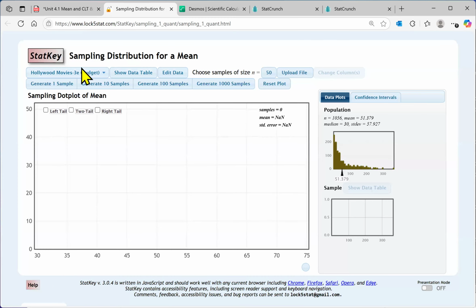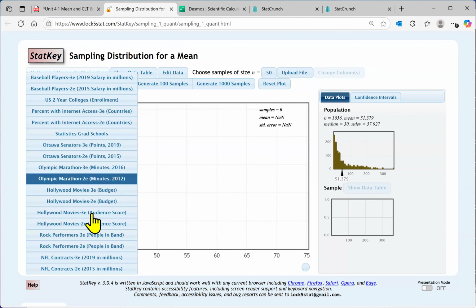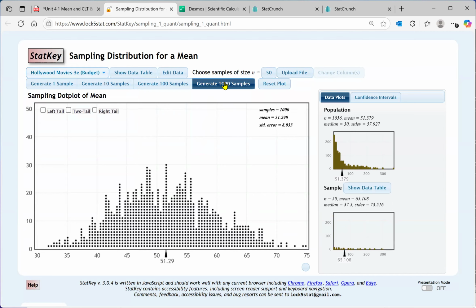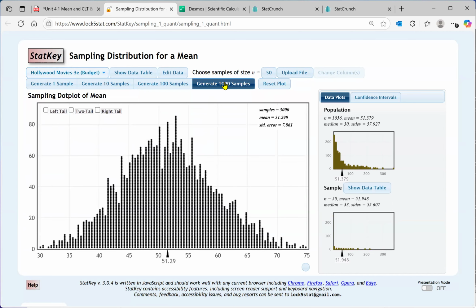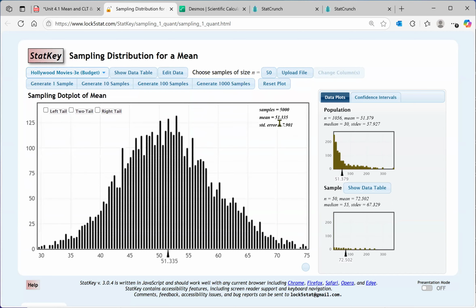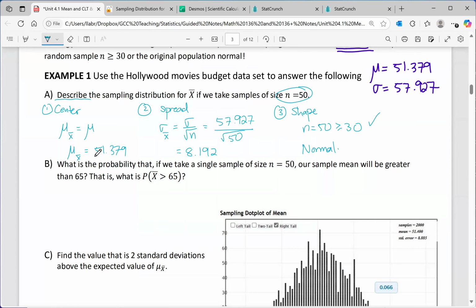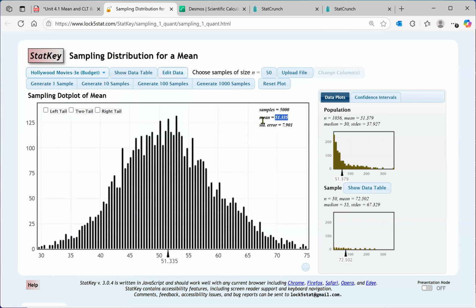So we can go ahead and do that here. Make sure you're looking at the Hollywood movie data set, and that you have a sample size of 50. So let's generate a few of these samples. Let's go to 5,000 and take a look at the center. Actual center here for my simulation is 51.335 versus predicted 51.379.